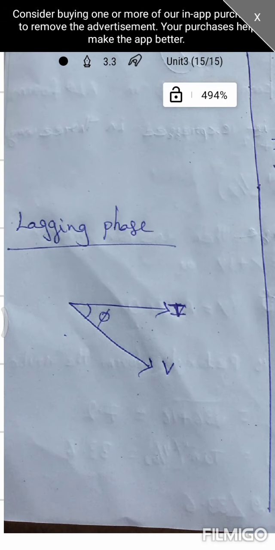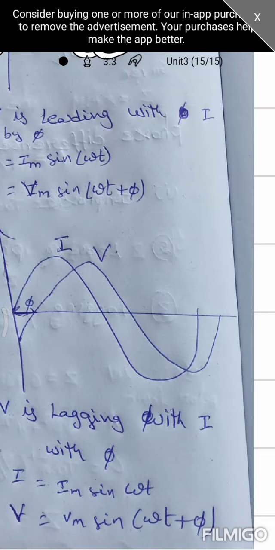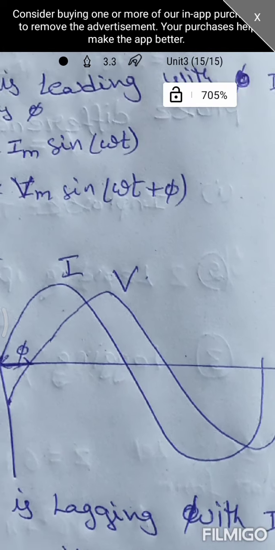Lagging phase. Here see the phasor diagram. Here this current is considered as a reference, and this voltage lags by some angle phi. This is the vector representation. Here is the phasor representation.